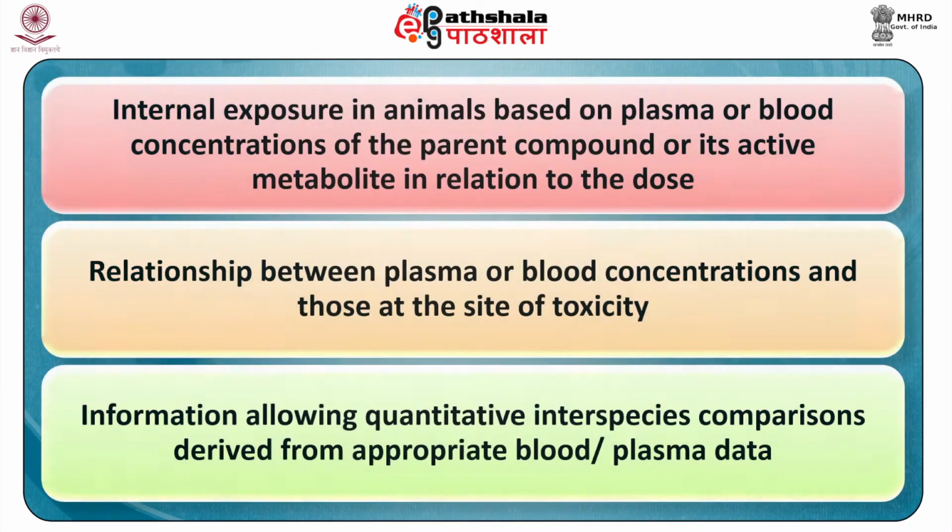Toxicokinetic data have the potential to define the internal exposure in animals based on plasma or blood concentrations of the parent compound or its active metabolite in relation to the dose given to the animals. They also define the relationship between plasma or blood concentrations and those at the site of toxicity, and allow quantitative interspecies comparisons derived from appropriate blood or plasma data after the administration of tracer doses to human volunteers.